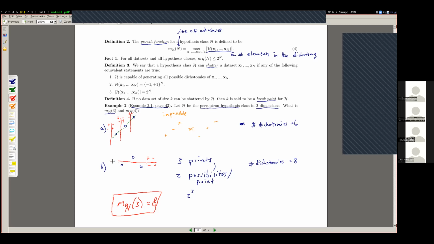We've seen before that you visualize the perceptron by drawing straight lines in 2 dimensions, and one side of the line is a plus and the other side of the line is a negative. So for a different hypothesis class, this number would be different, but for the perceptron, it's equal to 8. Good question. Any other questions about anything right now?